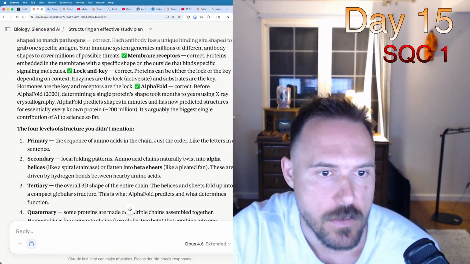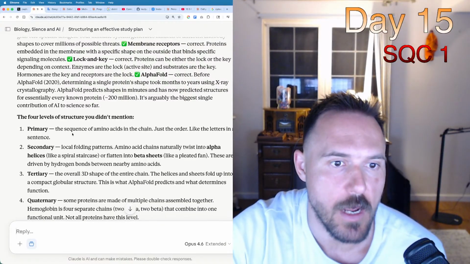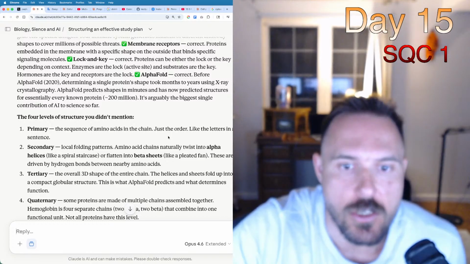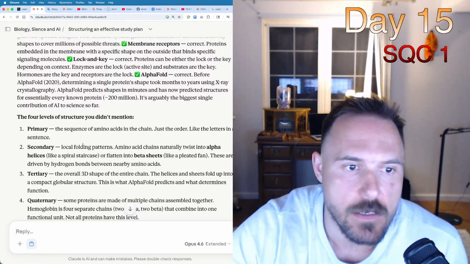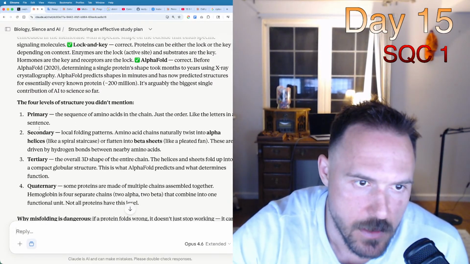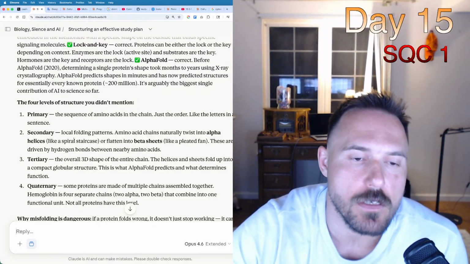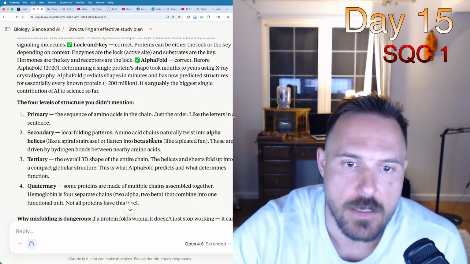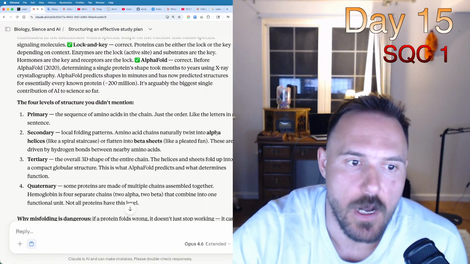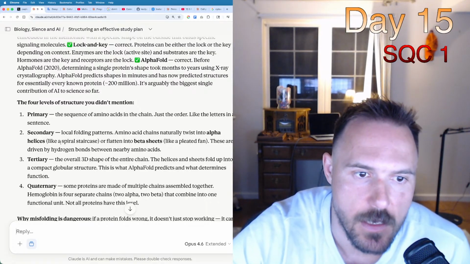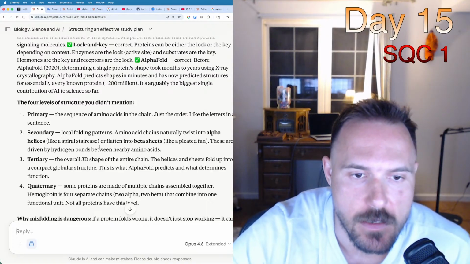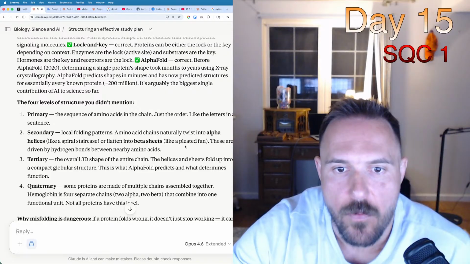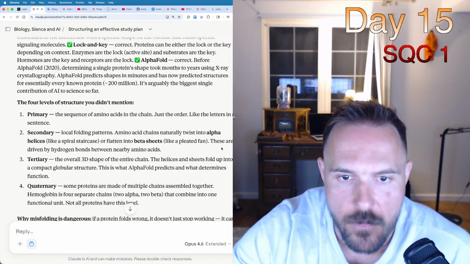The 4 levels of structure you didn't mention. Primary, the sequence of amino acids in a chain, just the order, like the letters in a sentence. Secondary, local folding patterns. Amino acid chains naturally twist into alpha helices, like a spiral staircase, or flatten into beta sheets, like a pleated fan.